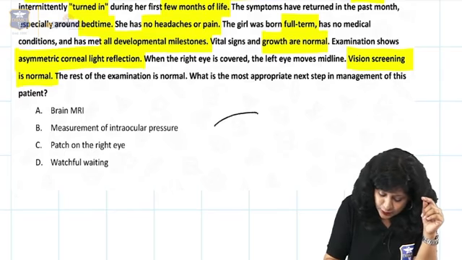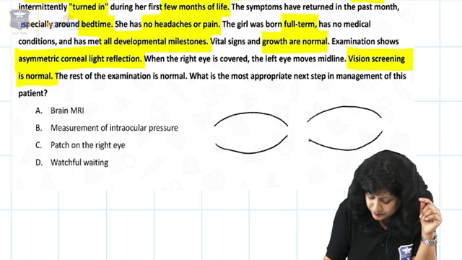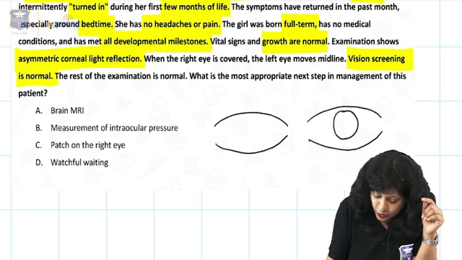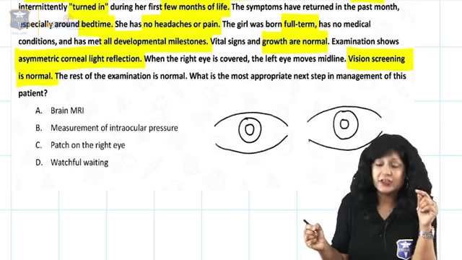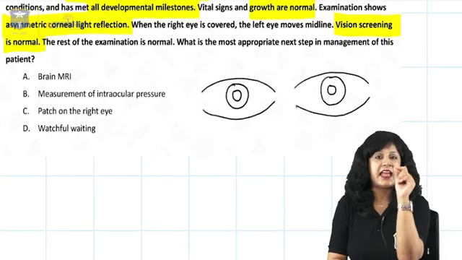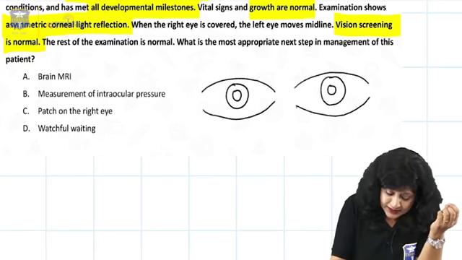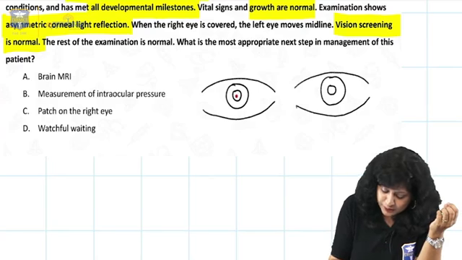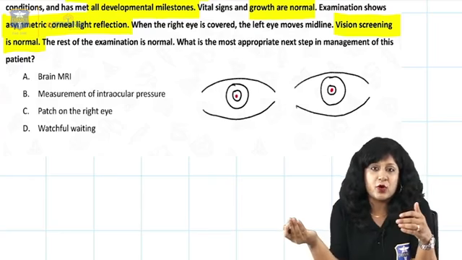I will tell you. Suppose these are the eyes of this 3-year-old girl and these are the corneas. Now normally when you show the light, what is happening? You get the corneal reflex. We get a light reflex in the center. So this should be present in the center of the pupil in both eyes. That is called a symmetrical corneal reflex.